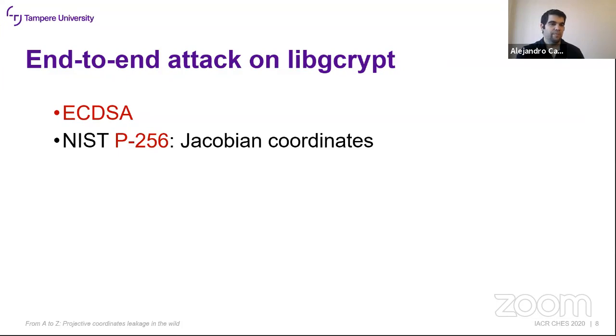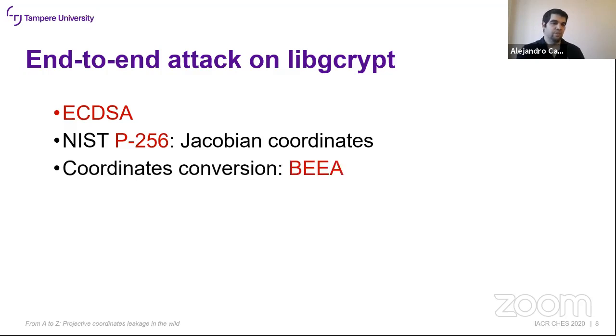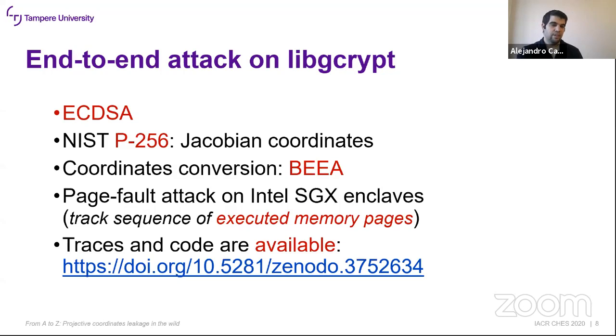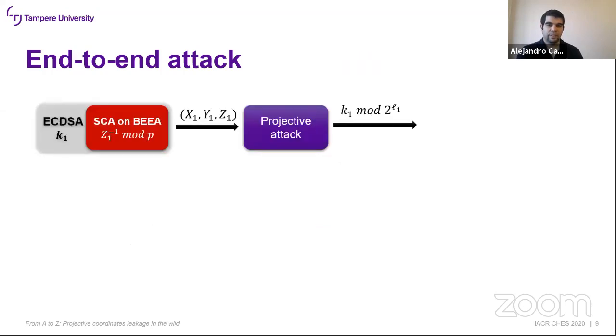Additionally, we implemented an end-to-end attack on one of these libraries to target ECDSA. The candidate conversion was performed using BEA, and the side channel signal was a controlled-channel attack on an Intel SGX enclave that allows tracking the sequence of executed memory pages. The traces are available online.